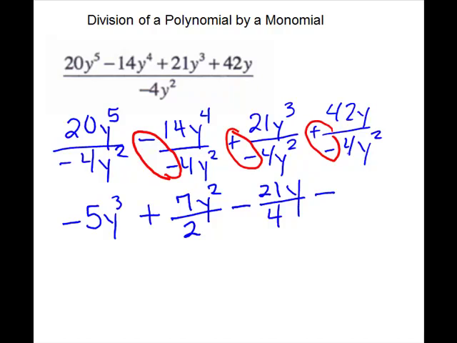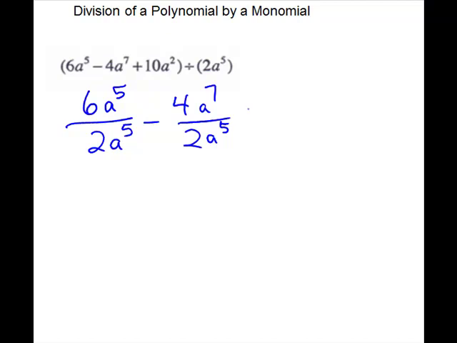And the 4 is not going to go evenly into 42. They are both even though, so you can reduce by a factor of 2. So 2 will go into 42 21 times. 2 will go into 4 2 times. For your y's, you're going to subtract 1 minus 2 gives us negative 1, which makes it go to the denominator.